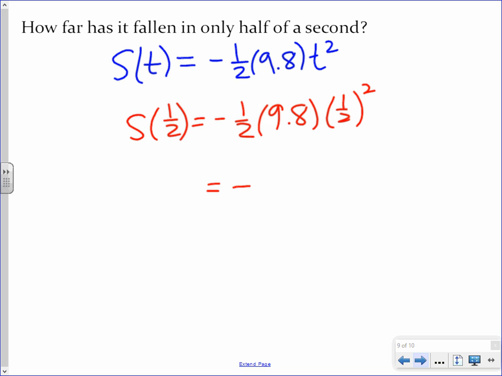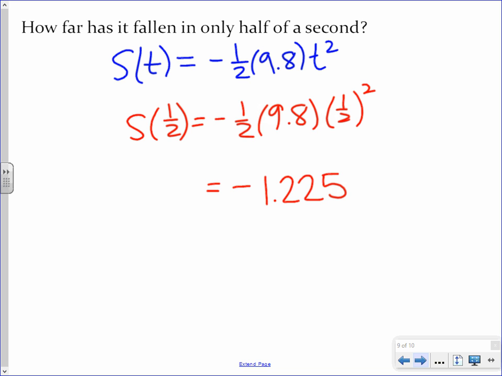Jake, what do you have? Negative 1.225. Okay. Now, the position is negative because our book is now below the point of origin. We're basically calling the top of the building the origin. It's a negative position, which means we're now below it. Makes sense. The book is falling.